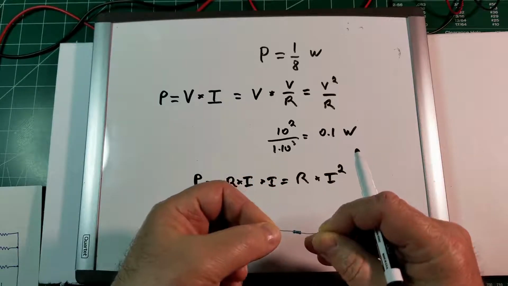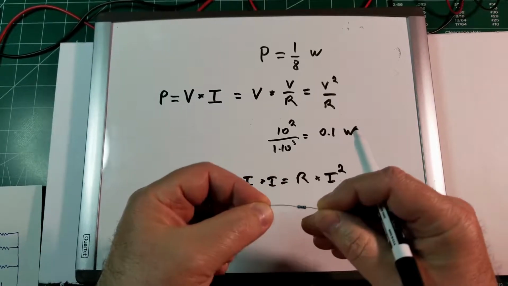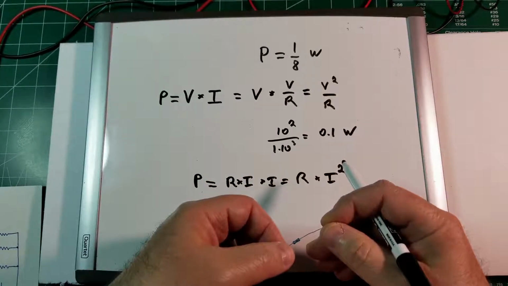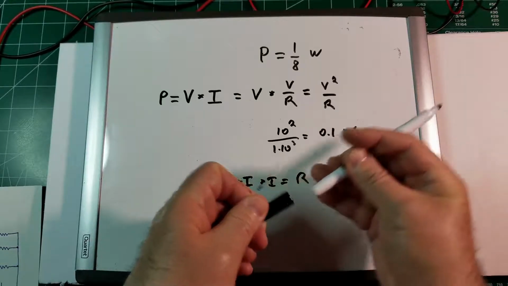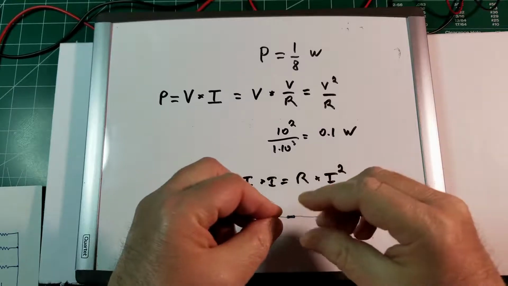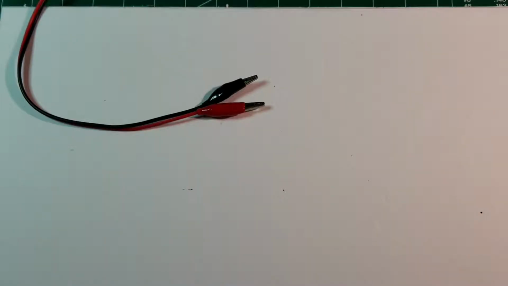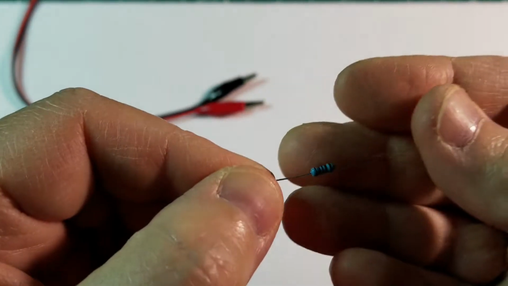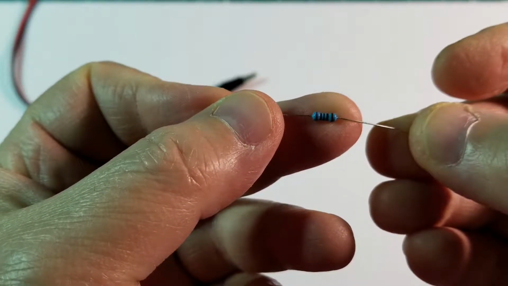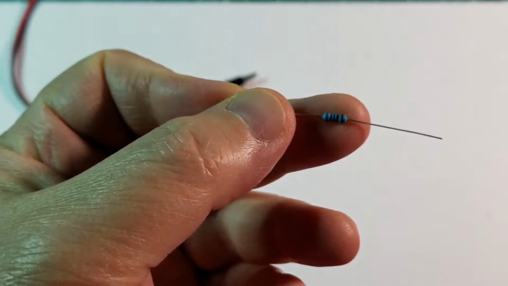What happens if I use a resistor in a circuit where I exceed the power rating of the resistor? The resistor will break again, like in the case where we apply an excessive voltage to it. Let's see now what happens when we make the resistor dissipate more power than it can actually handle. We will do this using this resistor, which is brown, black, brown, meaning 100 ohms.